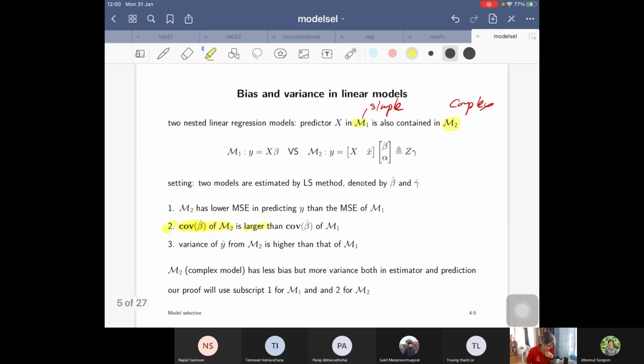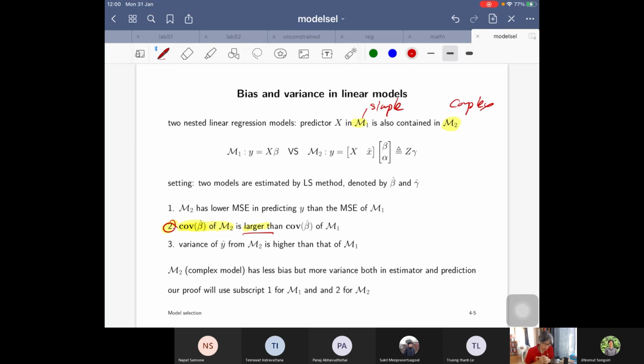But on the other hand, this is a drawback. Number 2 is a drawback of the complex model, which means that the model parameter itself is more unreliable, less predictable because it has more variance.